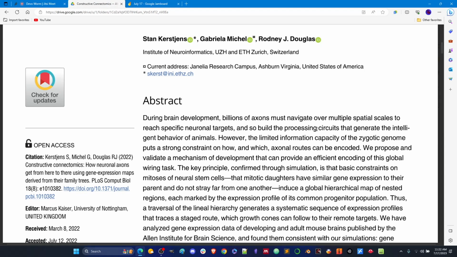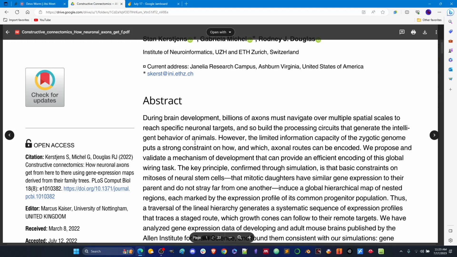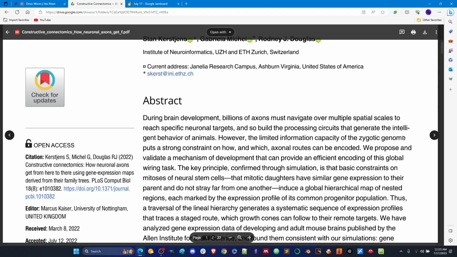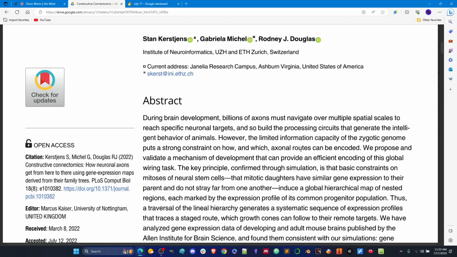And so they build the processing circuits that generate the intelligent behavior of animals. However, the limited information capacity of the zygotic genome puts a strong constraint on how and which axonal routes can be encoded. So the genome is actually playing the role of building these proteins from transcriptomes that allow for these signals to be sent out and then for this communication to happen.